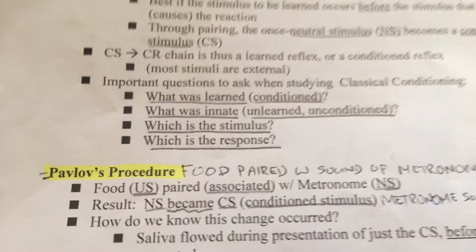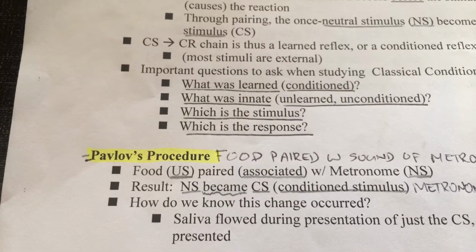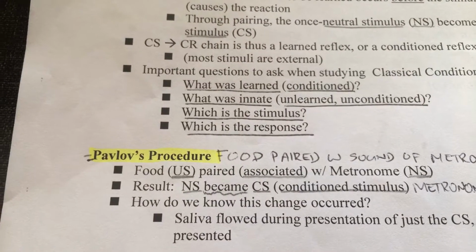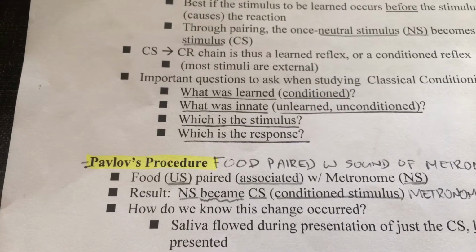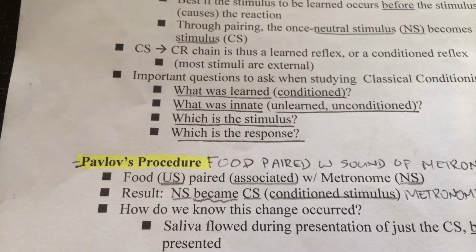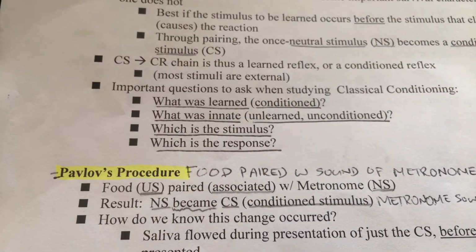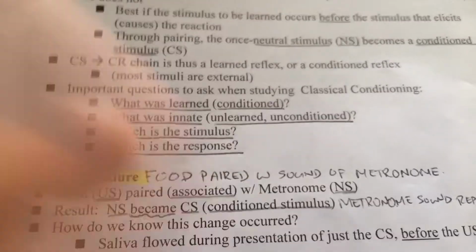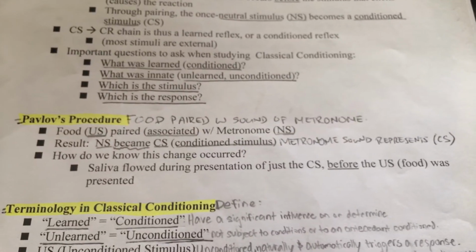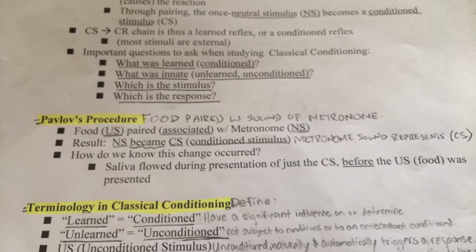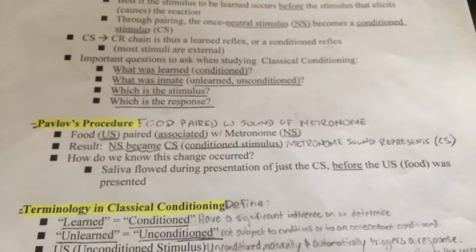And what is the response? So basically, what was the original reflex? What was learned or conditioned? What was innate? Which is the stimulus, and which is the response? What's the conditioned stimulus, and what's the unconditioned response? These are questions you should be asking yourself to help understand how it's operating, or how you're conditioning whatever animal or person you're conditioning.